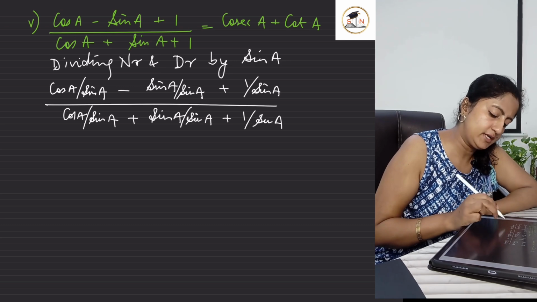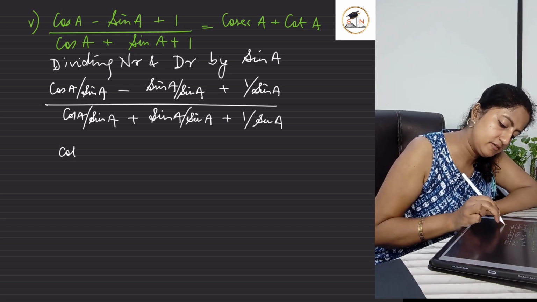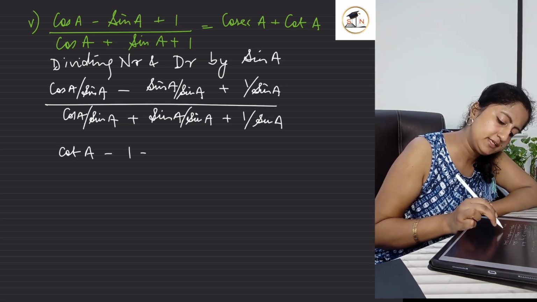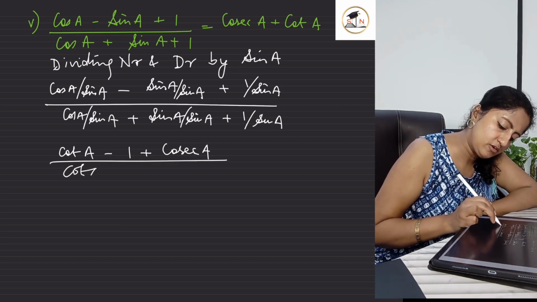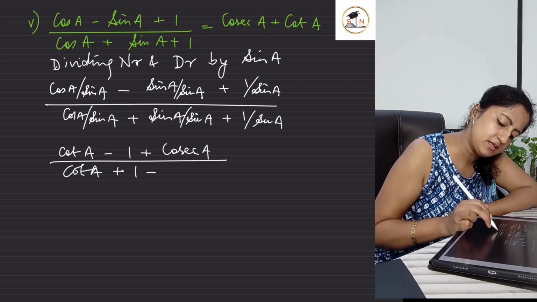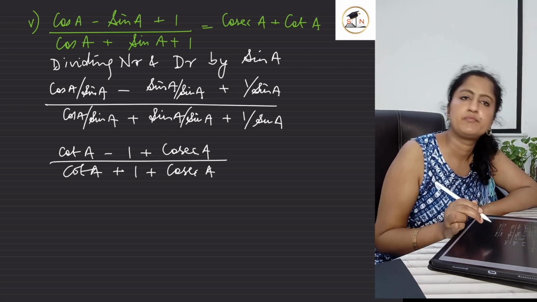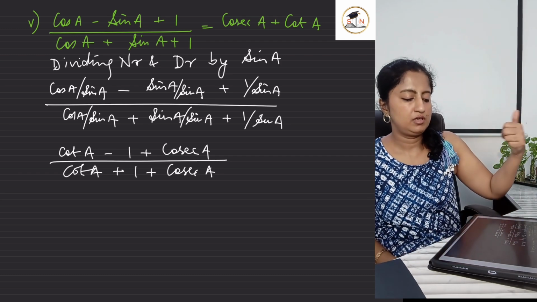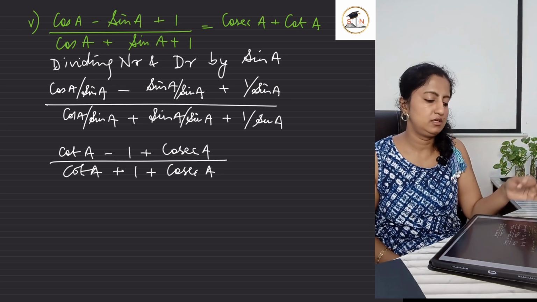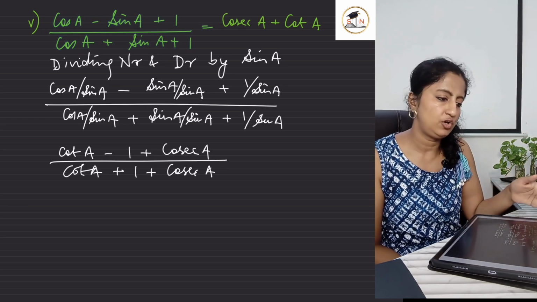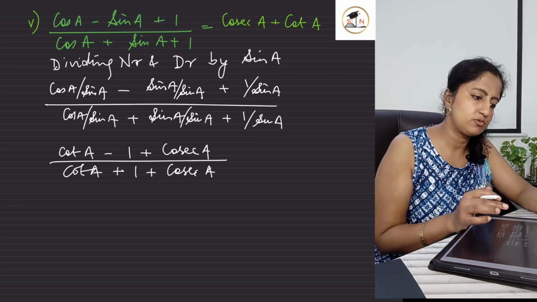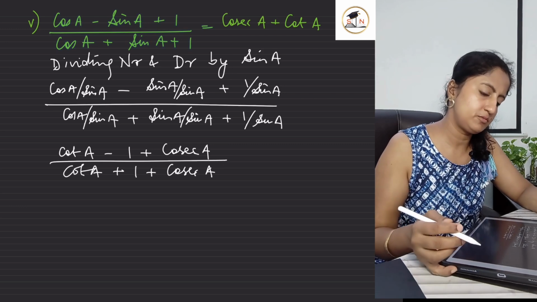Okay, so what are we getting? We are getting cot A minus 1 plus cosec A over cot A plus 1 minus cosec A. Now, half the battle is already won because we converted cos and sine in terms of cosec and cot. Okay, so let's start working over here. Just a moment.